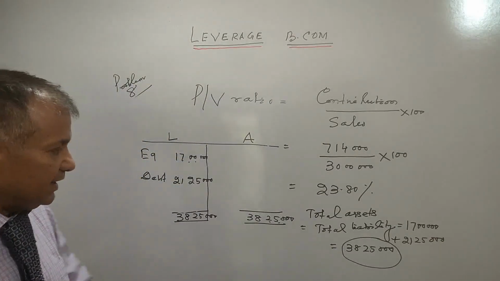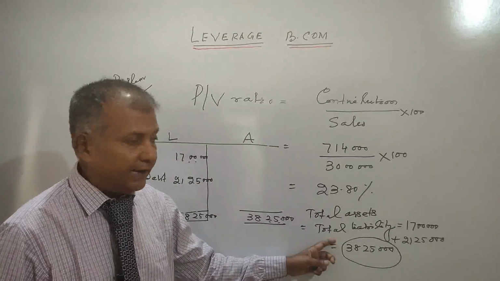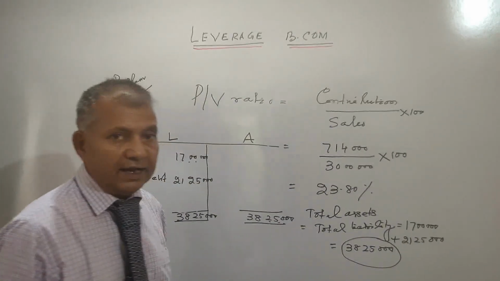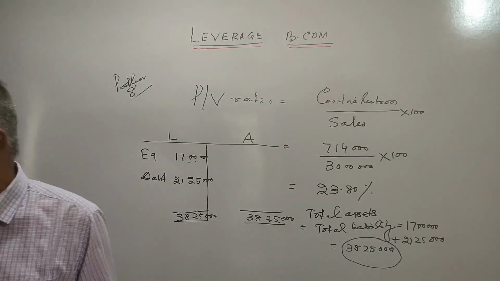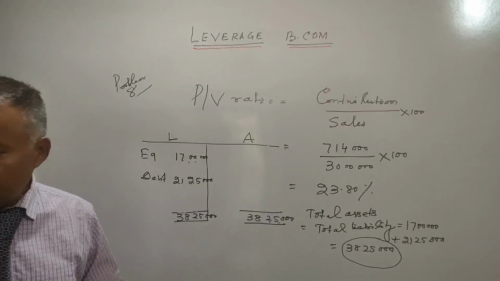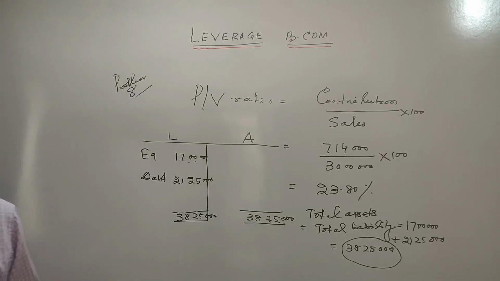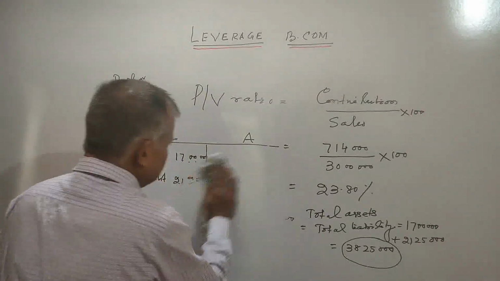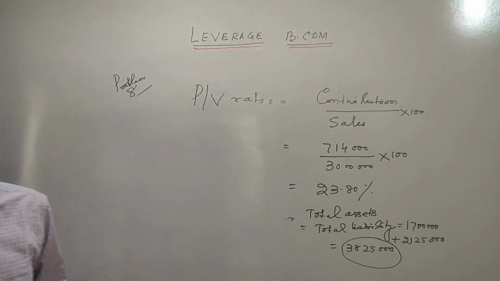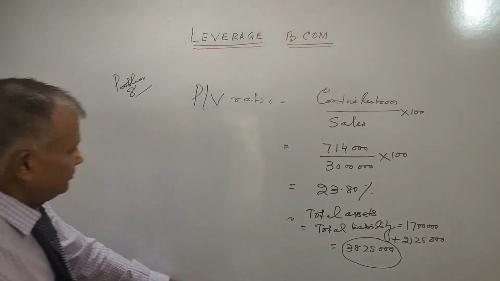So total asset equals total liability: 17 lakh equity and debt of 21,25,000, right? So the total comes to 38,25,000. Now the asset turnover ratio, this is your turnover divided by asset.